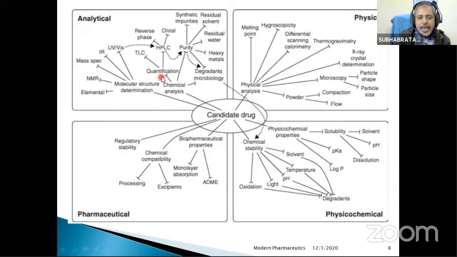Quantification means the assay. So you can go for quantification by various means. The most common one is liquid chromatography, and often this liquid chromatography is combined with mass spectroscopy, that is LC-MS, sometimes hyphenated LC-MS-MS.